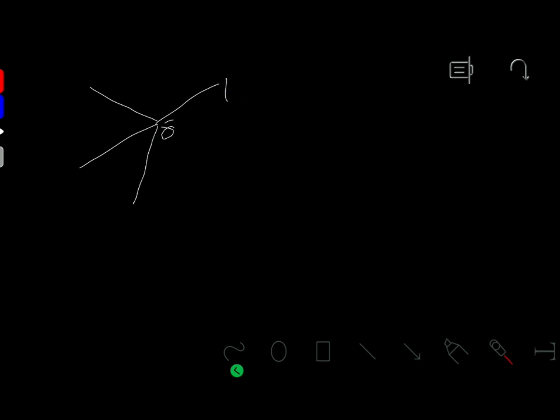Then this side will be B, this side will be A, this place will be C, and this place will be D. What do we do in a scenario like this? Now, angle at a point is what? 360. Always have that in mind. Angle at a point is 360. So whatever you have on each of these angles should add up to 360.